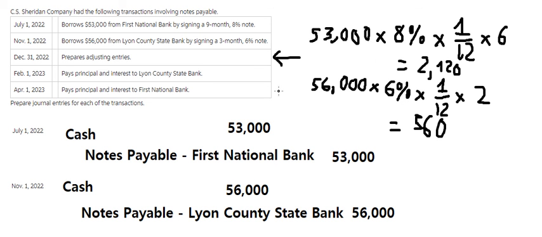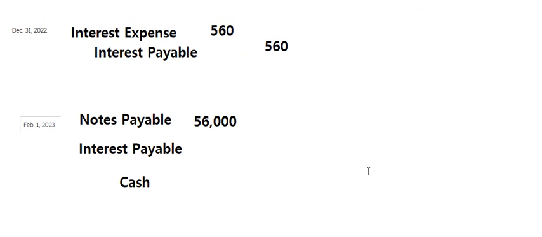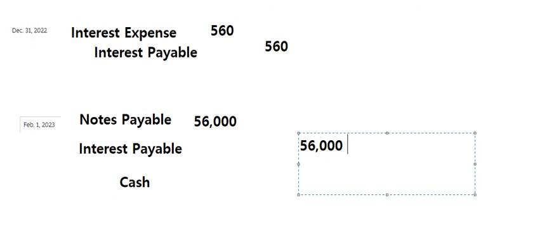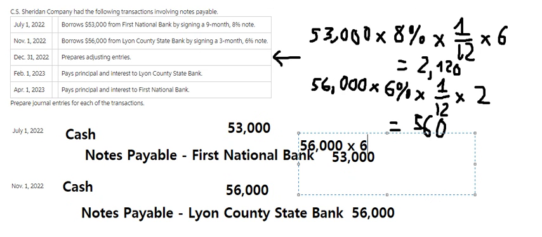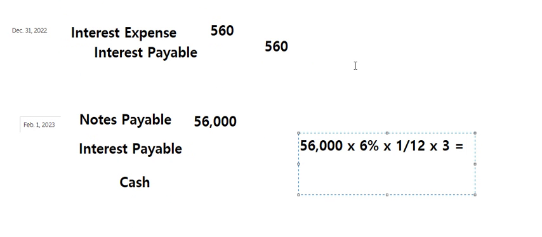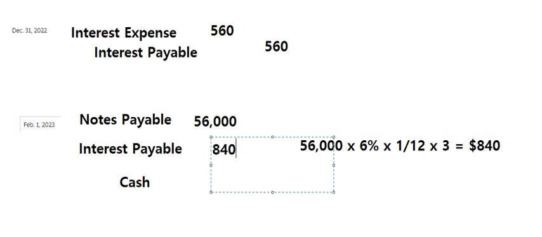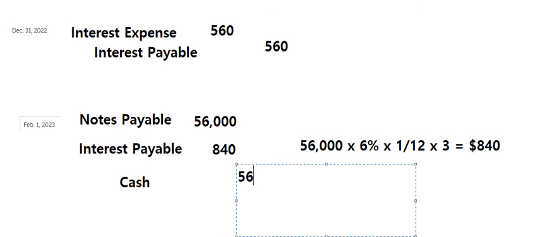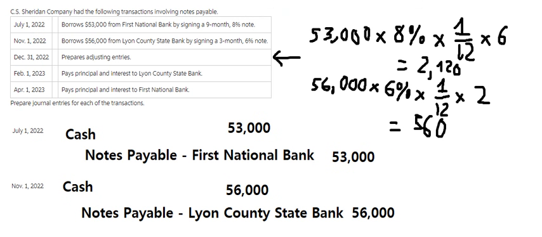And if we calculate this way, we have about 840. So we put 840 in the column here, and this one we have 56,840. Now let's go to the last one.